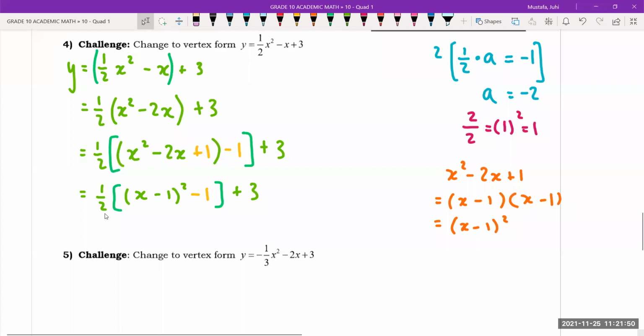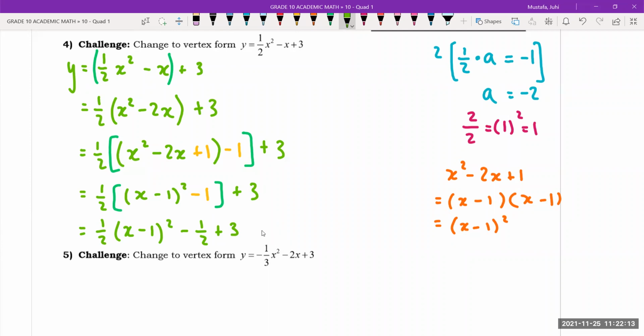I'll keep going. Now I'm going to distribute the half to everything inside here. So it's going to become a half bracket x minus 1 squared. A half times -1 is -1/2 plus 3. And then you can just do this little calculation on the side, or if you have 3 wholes and you take away a half, you're going to get 2.5, which is 5/2.